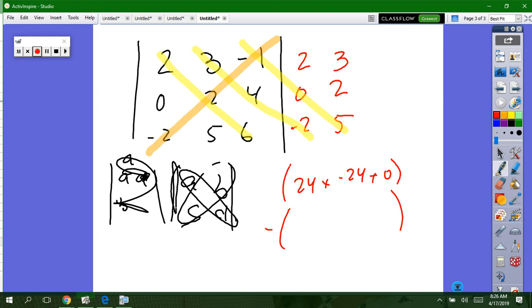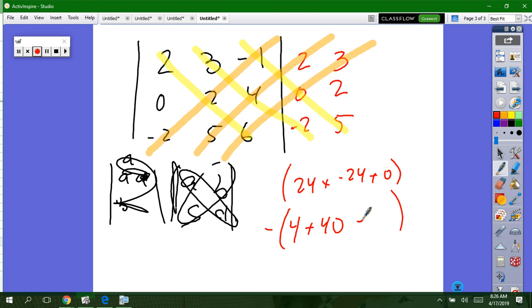So negative 1 times 2 times negative 2 is 4. That guy, 5 times 4 times 2 is 40. Do you have a question where I'm at? That one's 3 times 0 times 6, so the zero's in there, so that just makes it really nice.